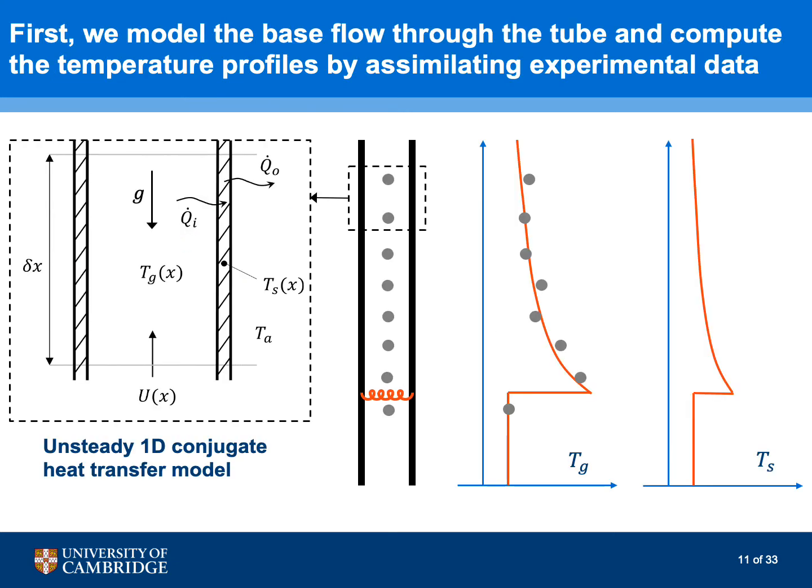The first thing we do is model the buoyancy-driven flow. To do so, we use an unsteady conjugate heat transfer model that consists of two partial differential equations, one for the gas and one for the solid, and a momentum integral equation.